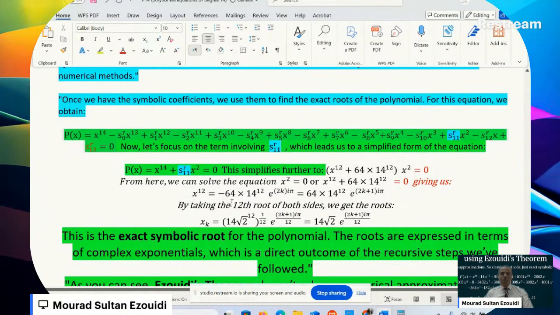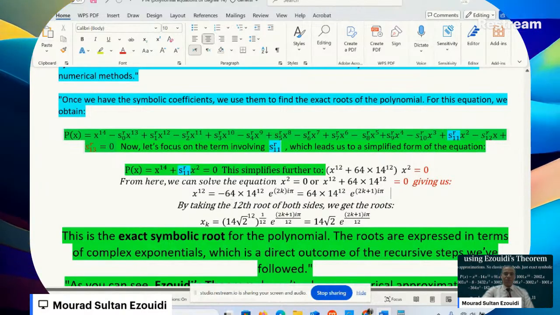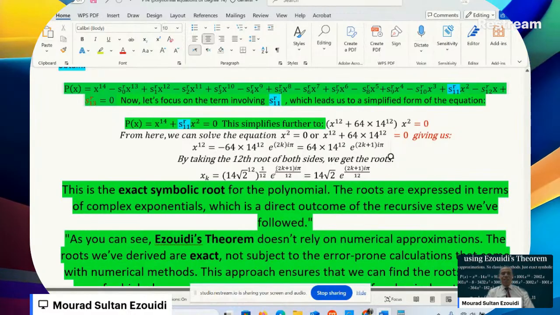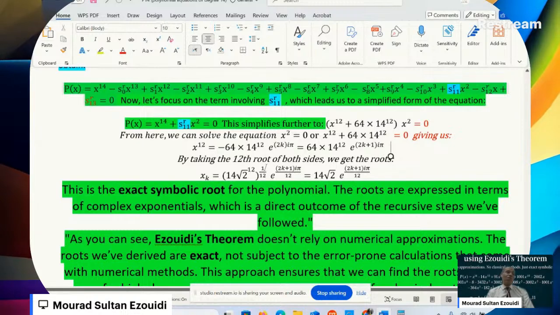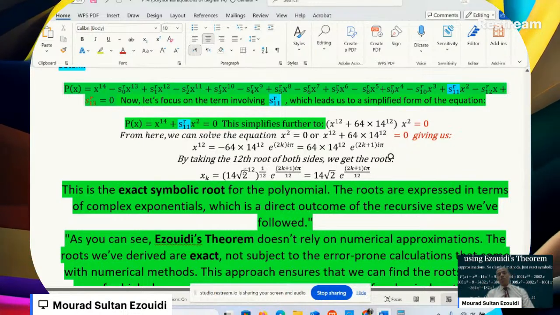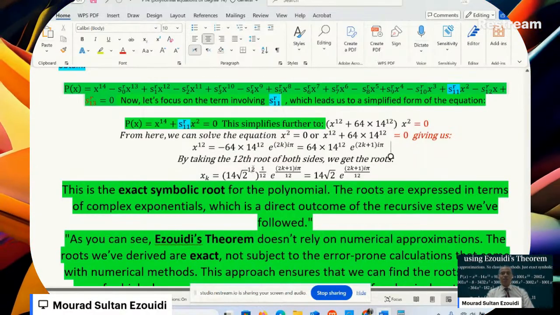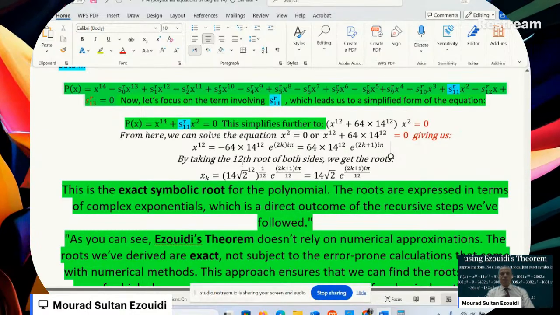So here, by taking the 12th root of both sides, we get the roots xk of this new 14th degree polynomial equation, not the original 14th degree polynomial equation. So xk equals the 14th root of 2 raised to the power 12, all raised to the power 1 over 12.